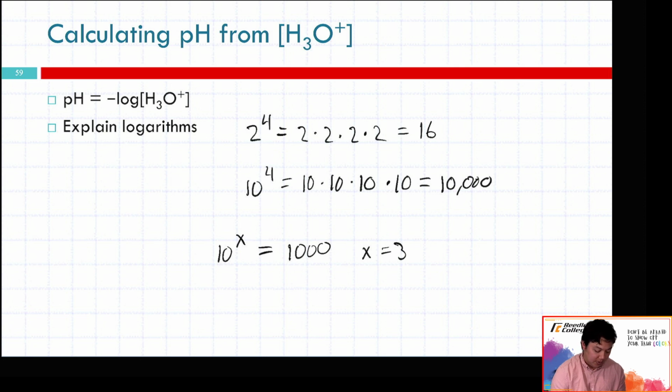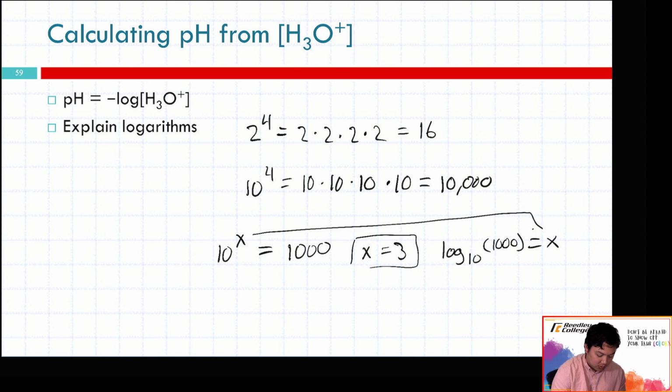So if we were to write this as the log base 10 of 1,000 equals x, here x equals 3, right? So the question that we're asking is, what power do I have to raise 10 to get 1,000? And in this case, log base 10 of 1,000 is equal to 3.